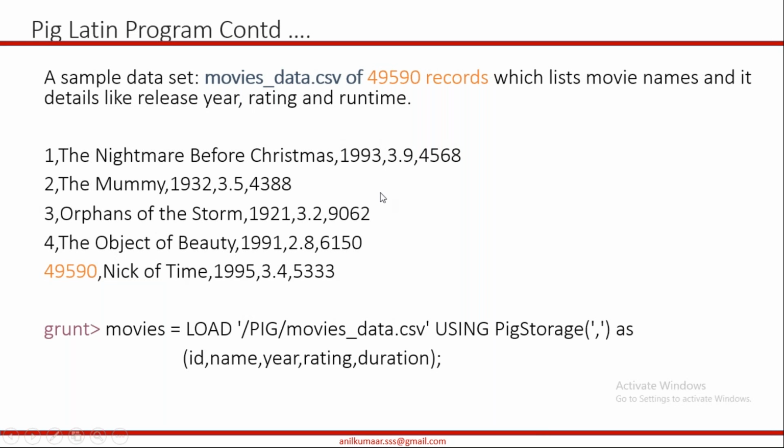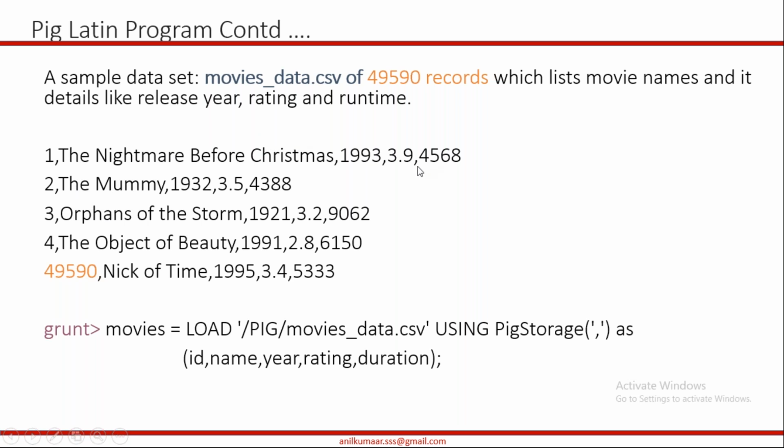Now we'll see one more thing. Look at my second example. I have a CSV file, movies_data, which has almost 50,000 records. It consists of details like column headers such as release year, rating, runtime, and of course the serial number, for movies like The Nightmare Before Christmas.